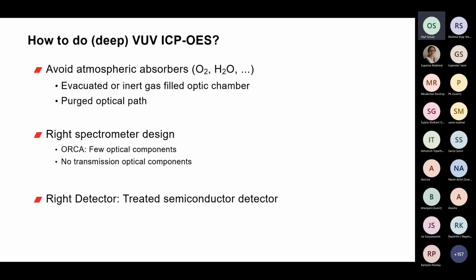Now, for cost and also contamination reasons, this technique was abandoned, however. To purge the optical system is another option, but this only works to about 160 nanometers. Below this wavelength range, remaining pockets of air and water vapor cannot really be effectively replaced with the inert gas.